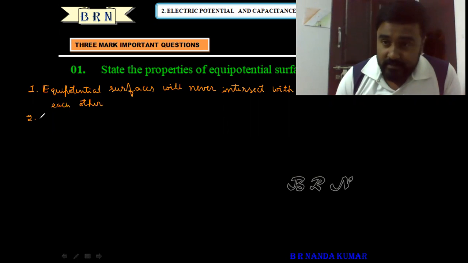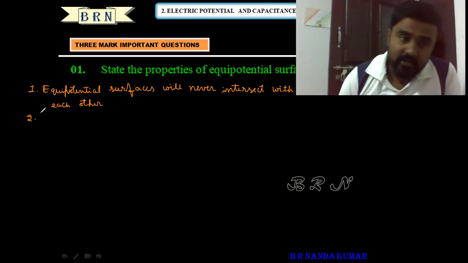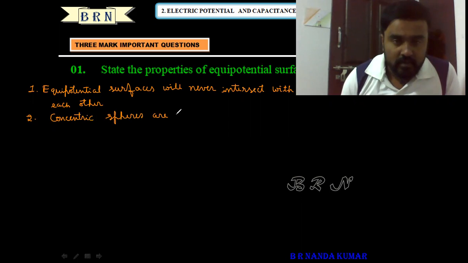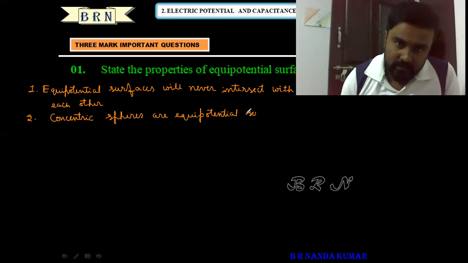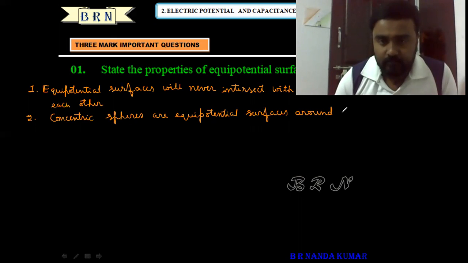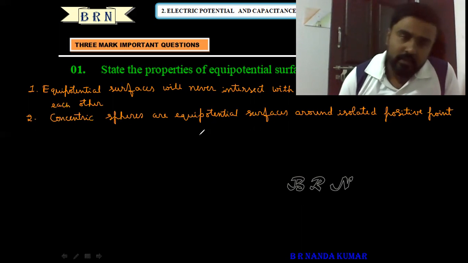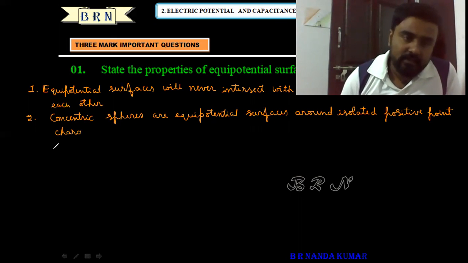So concentric spheres are the equipotential surfaces around an isolated positive point charge. I am discussing very simple properties.